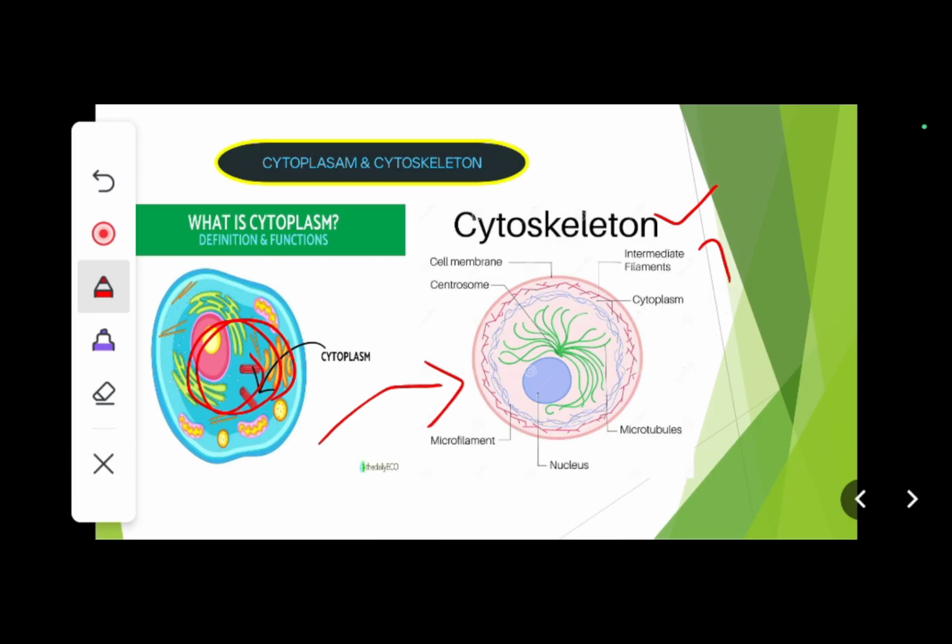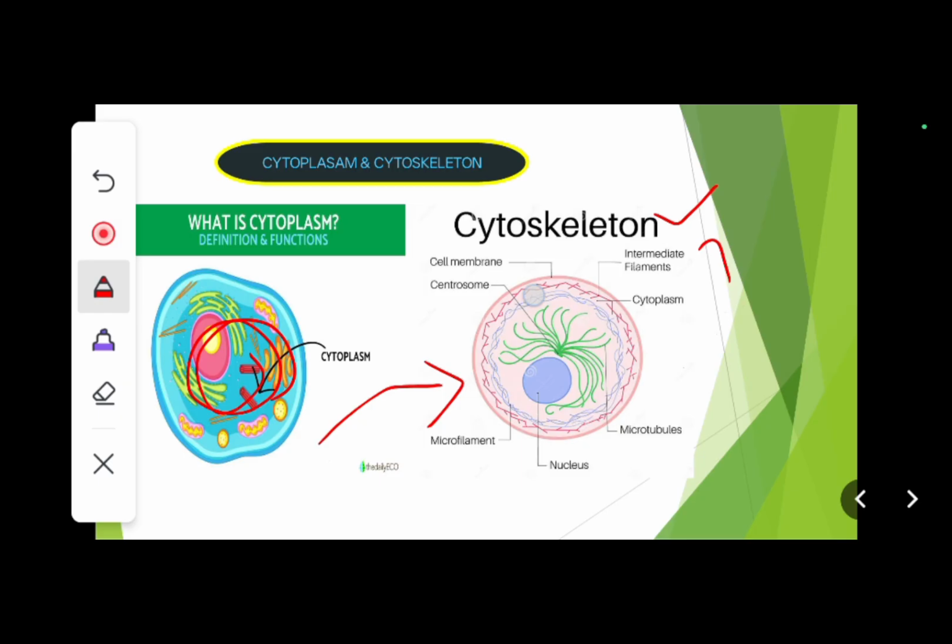Our body is made up of muscle, but only with muscle we can't survive, as there is no shape for the body. Like organisms need a skeleton to make a shape, here the cytoplasm needs a skeleton for shape and structure. Because of the cytoskeleton, it gives shape to the cell. It is the backbone of the cytosol.